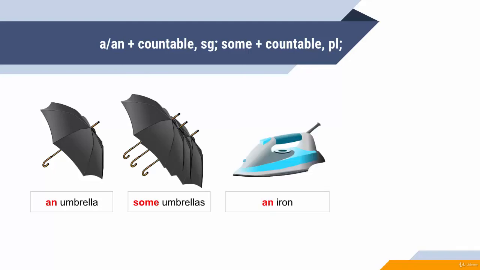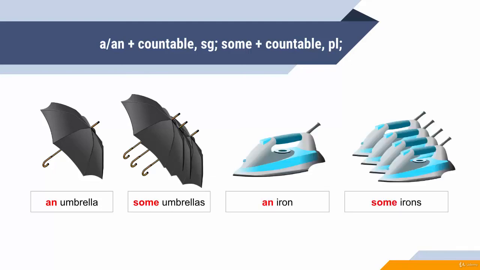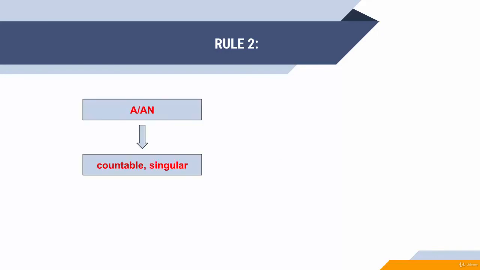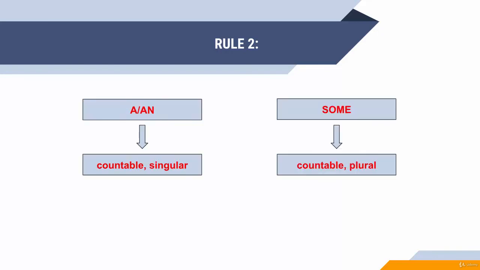Or an iron, some irons. Okay? We need a countable noun. Then we check if the countable noun is in singular, you put a or an, the rules you know. If the countable noun is in plural, then you use some in front. A or an, countable, singular, some with countable in plural.